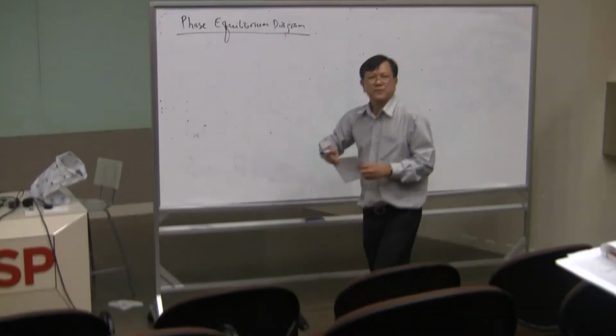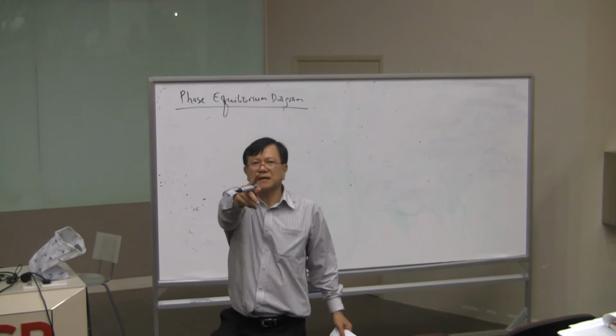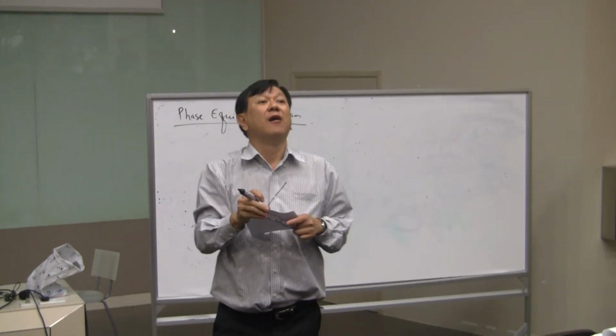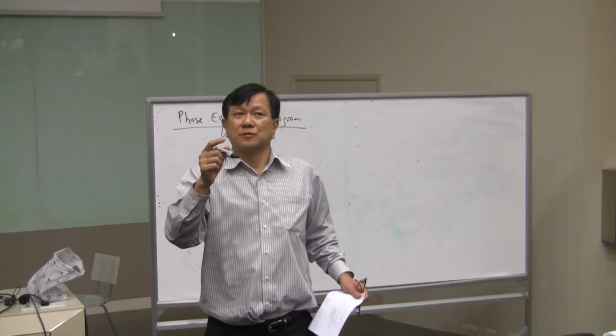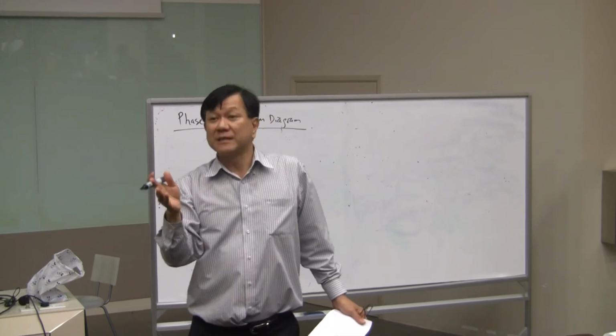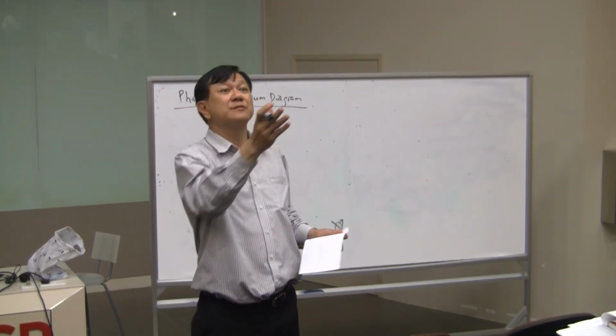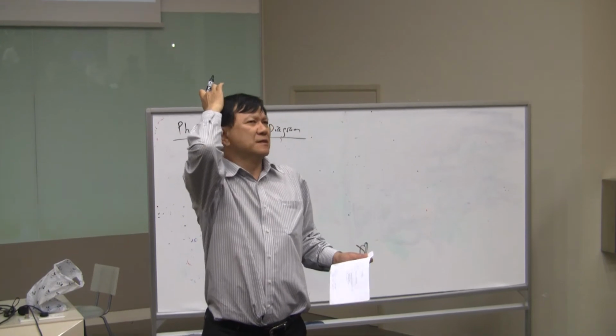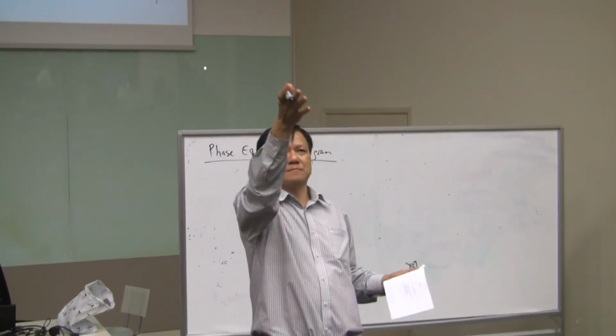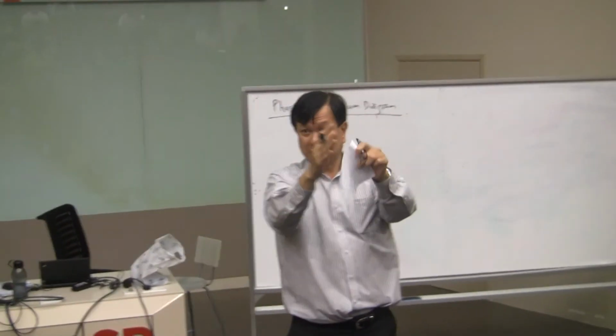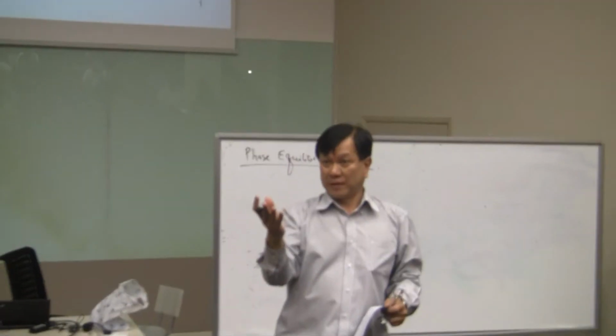All right. Now, we were talking last week about solid solubility. Can you remember that? Solid solubility. When I have two elements in an alloy, I will call that a binary alloy.